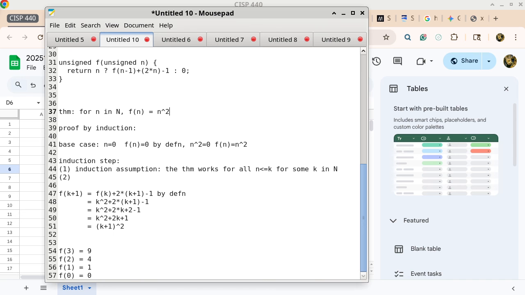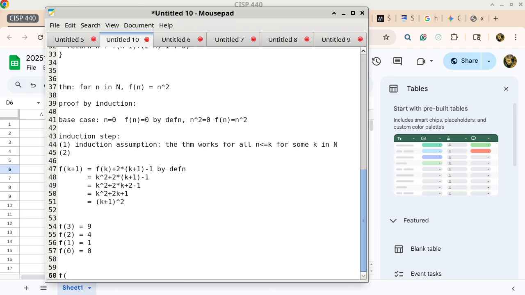Okay, but I'm not adding f of k to f of 1. I think you're still okay. So let me see if I understand. I think you're still asking about f of k plus f of 1. Is that what you're still asking?